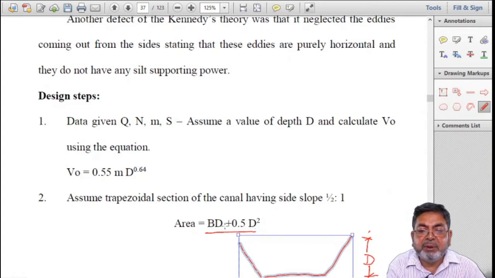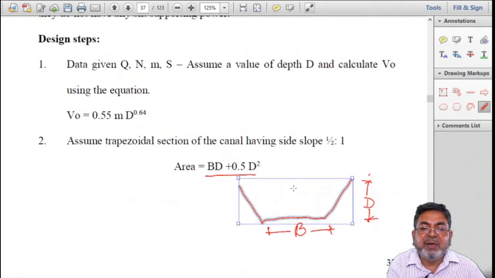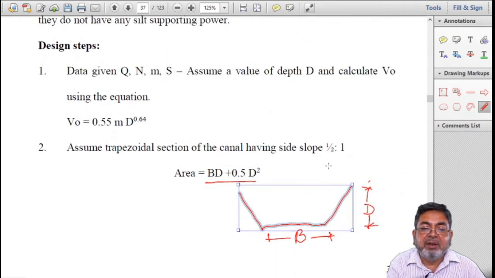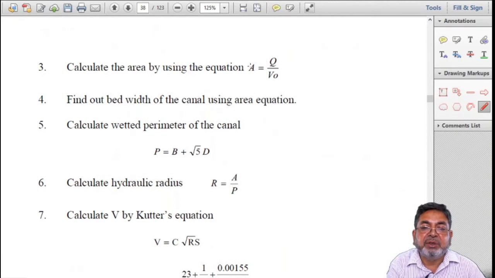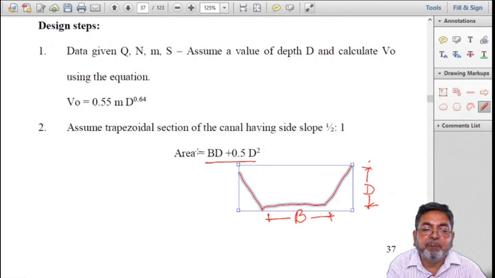D you have assumed, but b is not known to you. So the numerical value of this area you can have from this equation, because here q is given to you and v naught you have just calculated by the equation given by Mr. Kennedy. So the numerical value of this area you will get from this equation, and that you will put here.